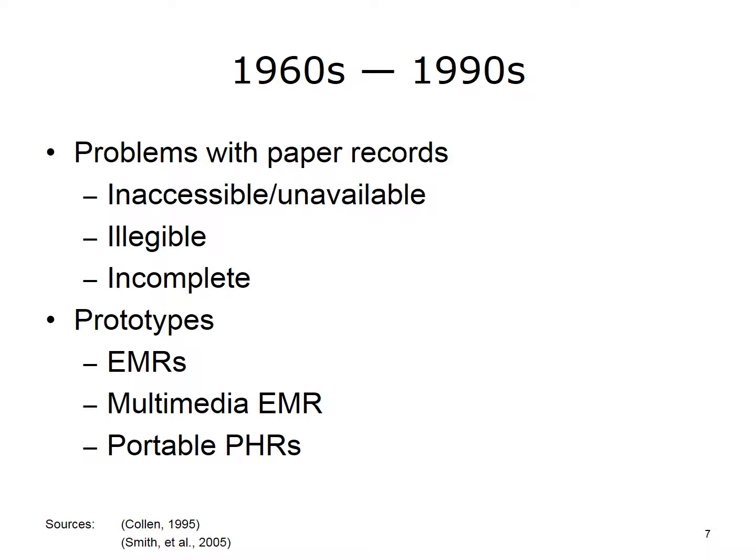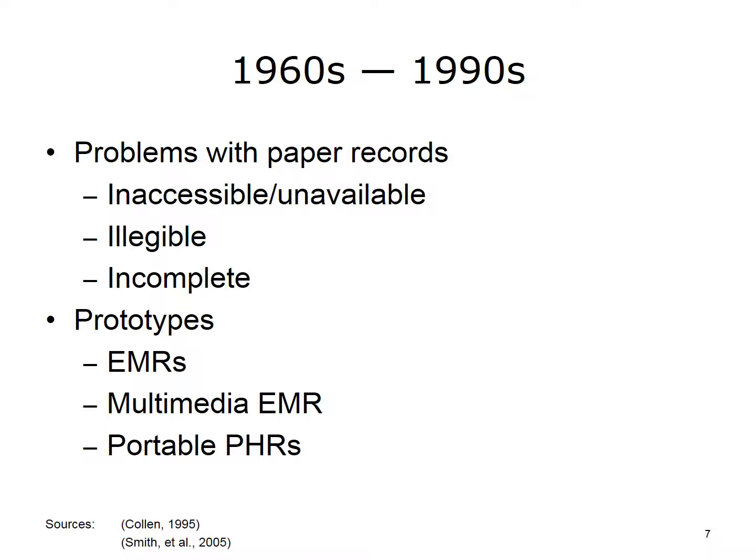To address these problems, a variety of prototype systems were developed. These early EMRs were developed at innovative institutions, and they were often used elsewhere as well. These were actually EMRs according to the NAHIT definition, because although they were used in a variety of places with each place configuring them for their unique needs, there really was not much sharing across institutions at that time.